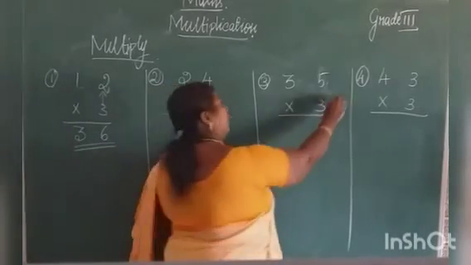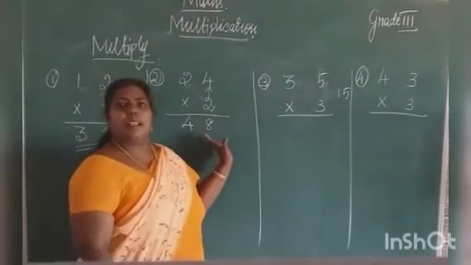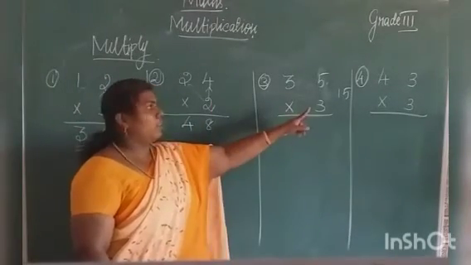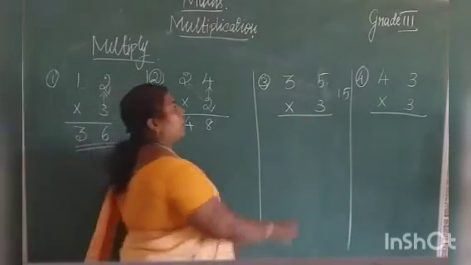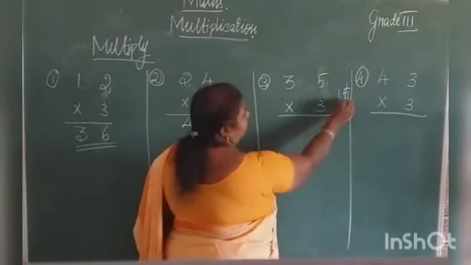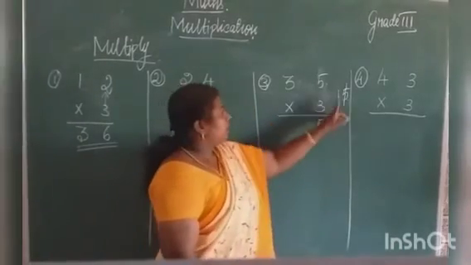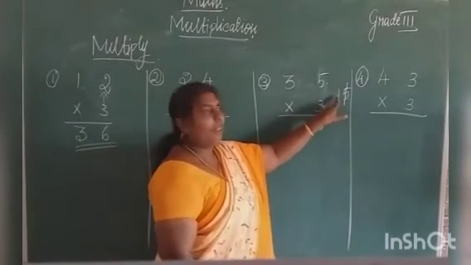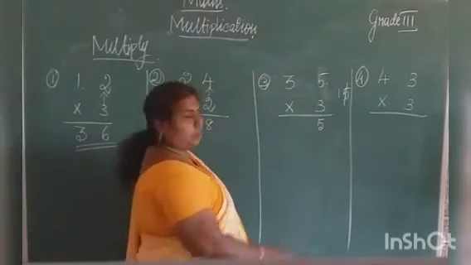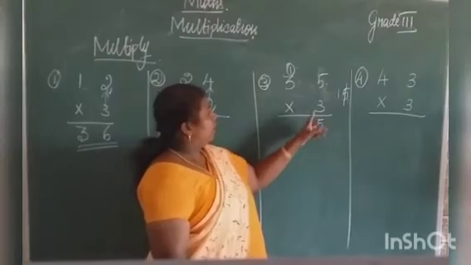But you are getting 15, isn't it? See, single digit means you can directly write the answer. If you are getting a 2-digit answer, you have to write the ones digit on this side, that number 5 you have to write here. Understand? Then this tens digit, that means 1, you have to write in the tens place. Okay? Here.